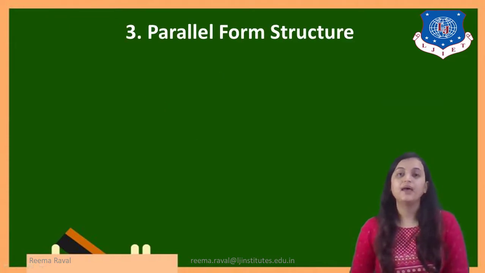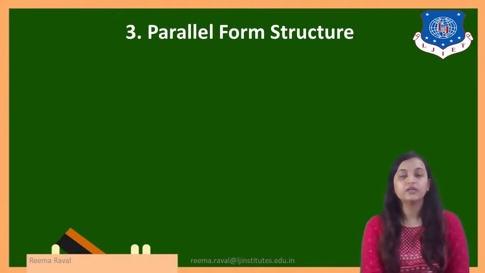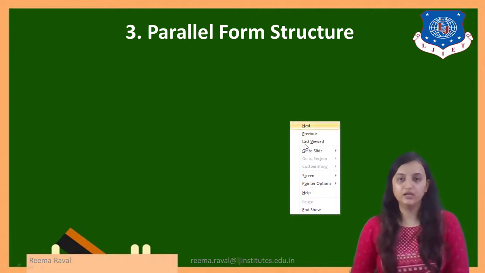Now, next is the parallel form structure. The parallel form structure is the method in which we use the PFE method, which we have seen in the Z transform chapter.